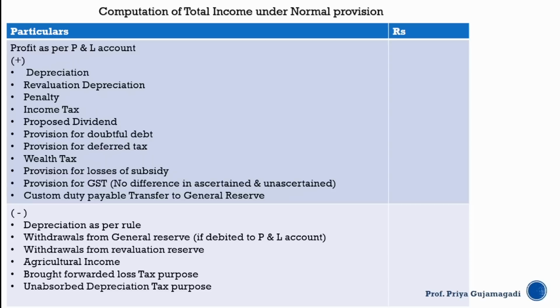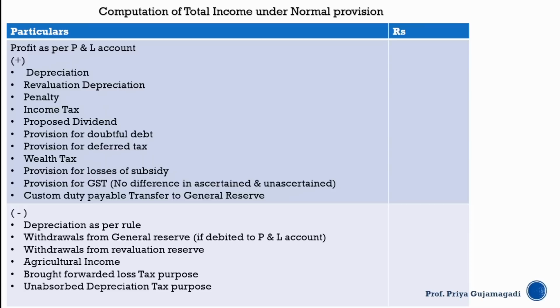First one, profit as per P&L account, we have to take, add inadmissible expenses, or we can say disallowable expenses. Depreciation: how much amount is given, the full amount we have to take. Revaluation depreciation: how much is depreciation under revaluation.